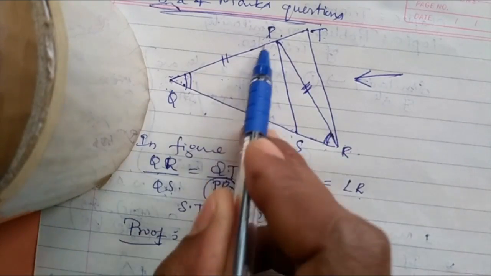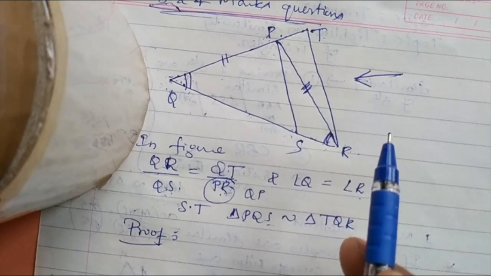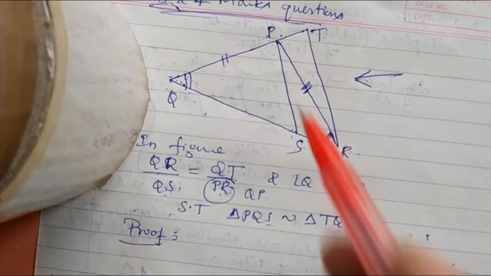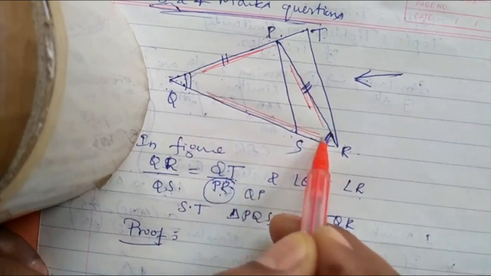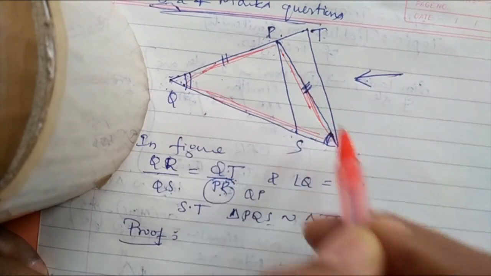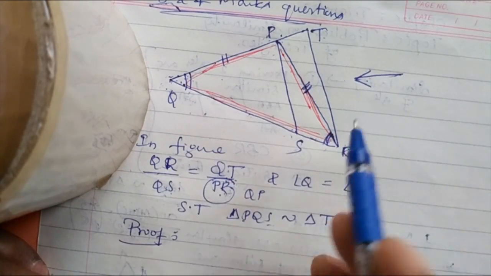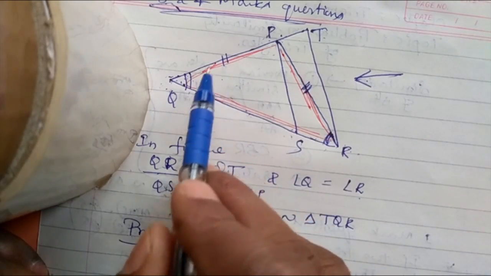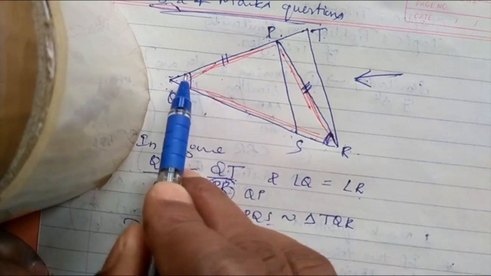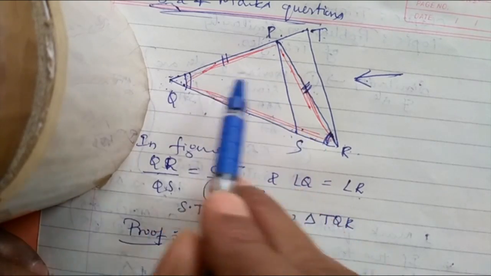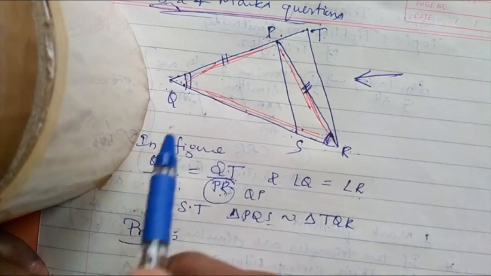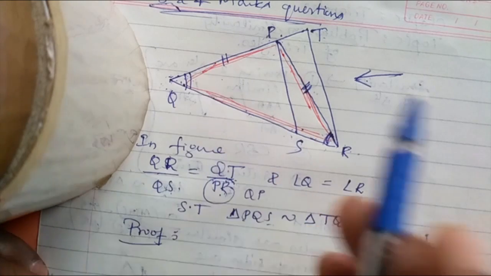Look at this triangle, I marked it in red ink. In this triangle, angle R's opposite side is QP, angle Q's opposite side is PR. So when two angles are equal, two sides are also equal. Equal angles have equal opposite sides. So finally, PR and QP become equal.